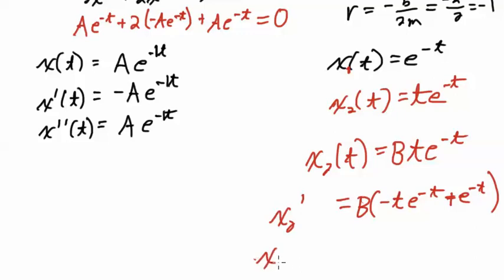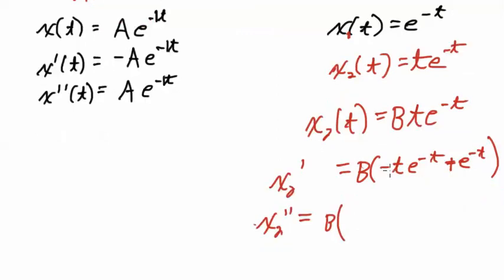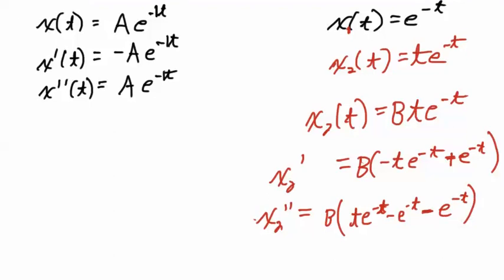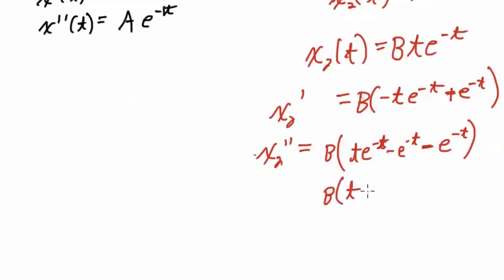And then we'll take the second derivative, x2 double prime, which is going to be b times, again using the product rule, the first thing times the derivative of the second thing, which would be positive t e to the negative t, minus e to the negative t, and then minus the derivative of that, or plus the derivative of that, which is minus e to the negative t, or in total it is b times t e to the negative t minus 2e to the negative t.